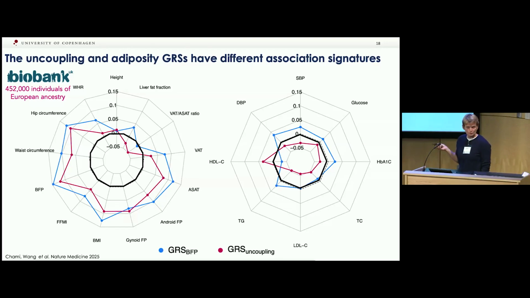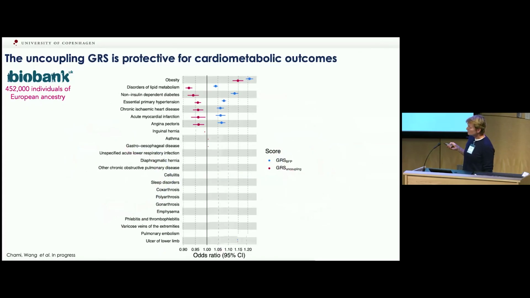So this is just confirming that what we find is indeed healthy obesity versus unhealthy obesity. We did a PheWAS within UK Biobank, and indeed we see a nice confirmation that both scores are associated with increased obesity, but the unhealthy score is associated with higher risk of type 2 diabetes and hypertension, and the healthy score has a protective effect.